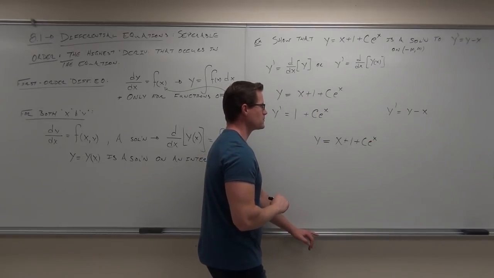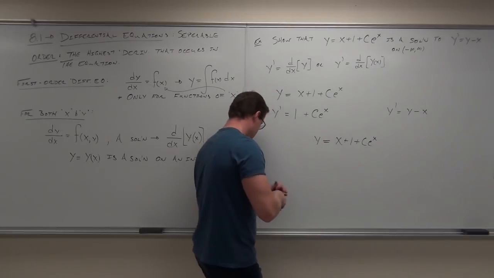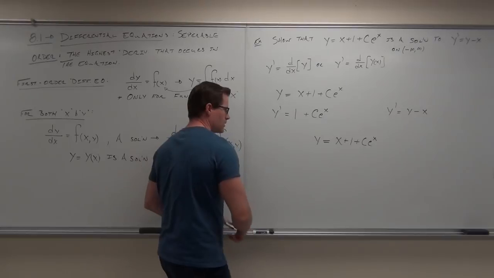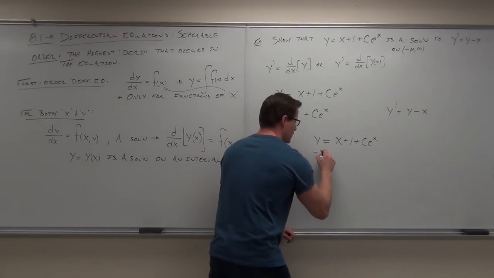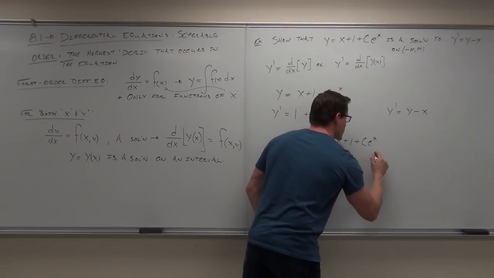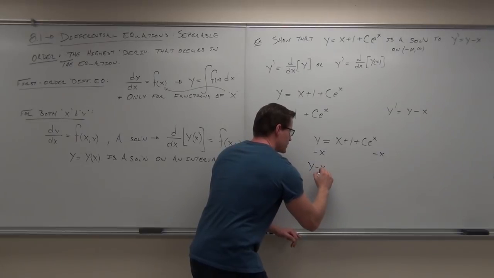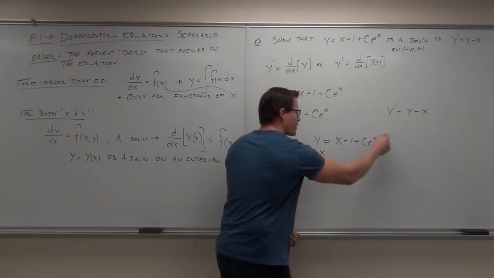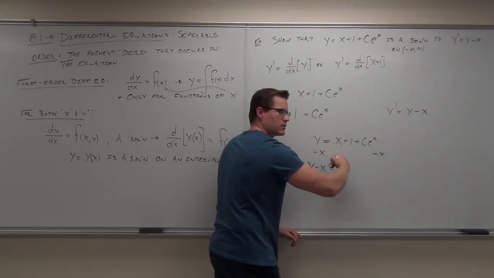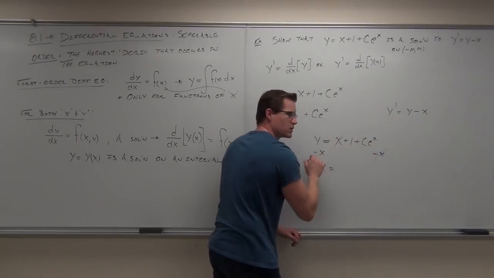Okay. If I subtract x from both sides, here I get y minus x. What do I get here? 1 plus c e to the x. Those would be gone, wouldn't they?